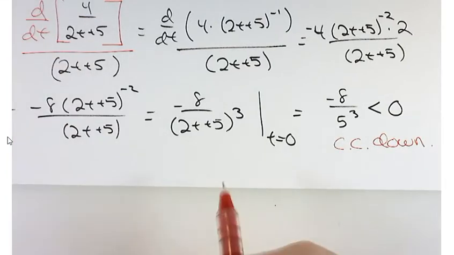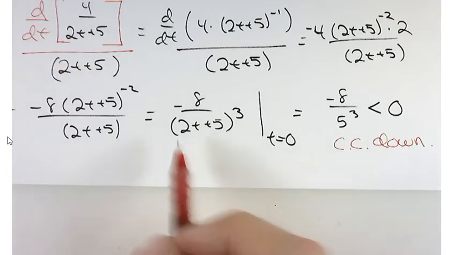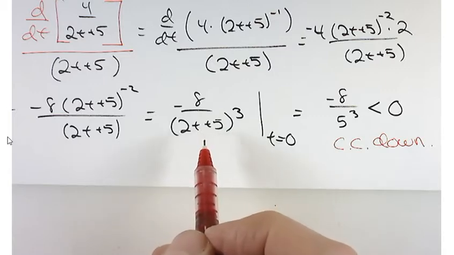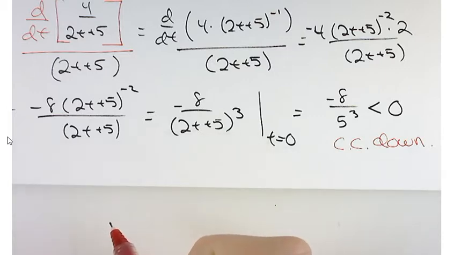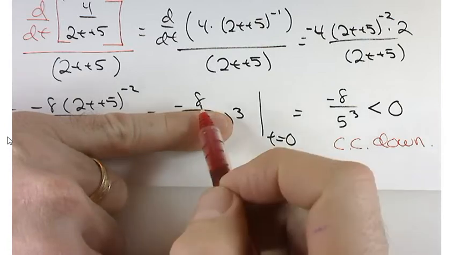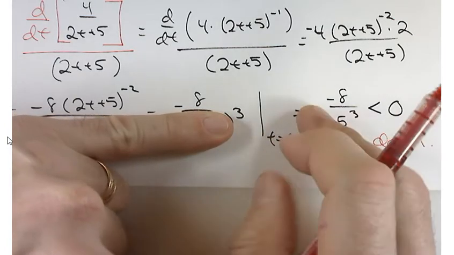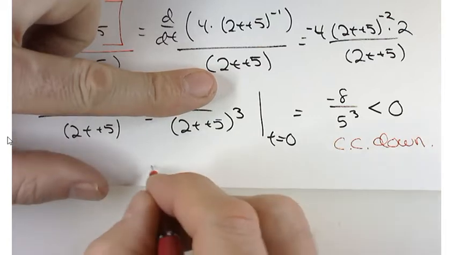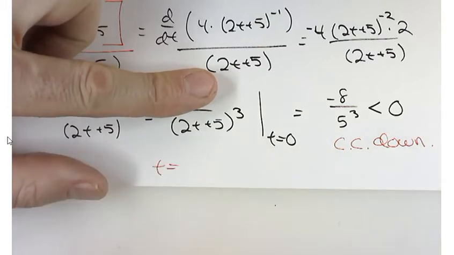Can anyone see a point where this graph is going to change its concavity? Where's the concavity going to change? It's going to change where the sign changes. Now, the sign can't change based on the numerator, can it? The numerator is always negative. But the denominator can change sign. Can you see where it can change sign?